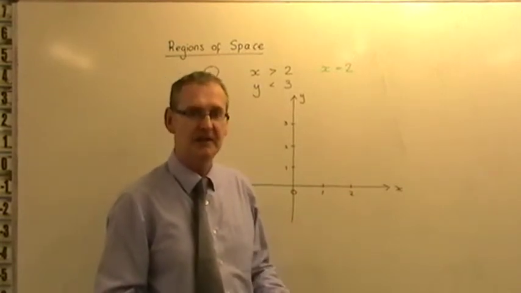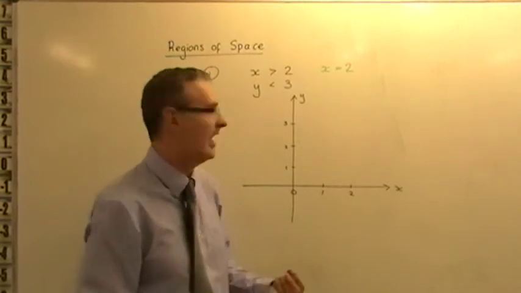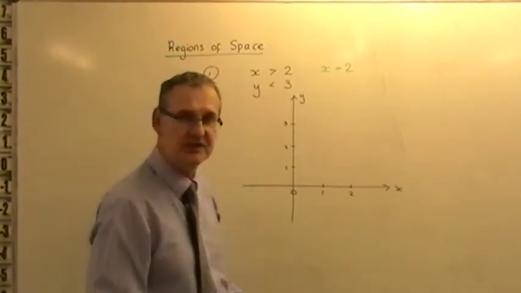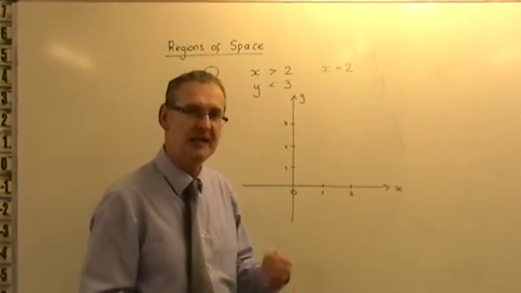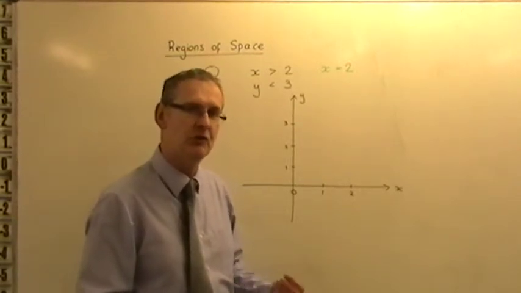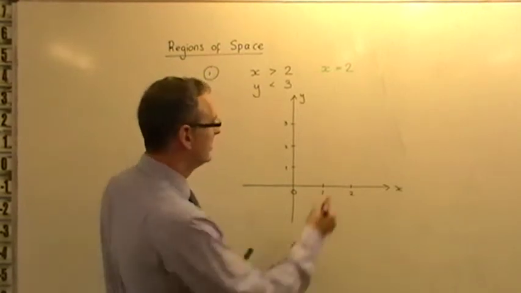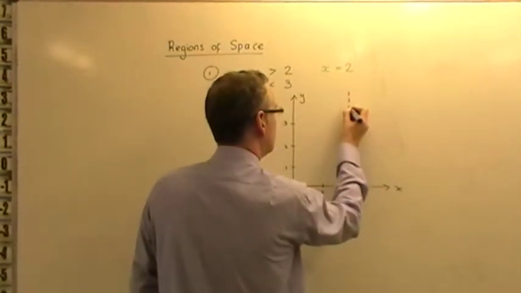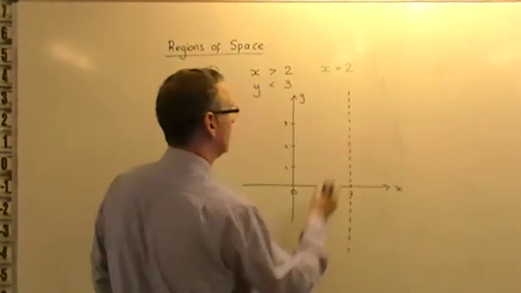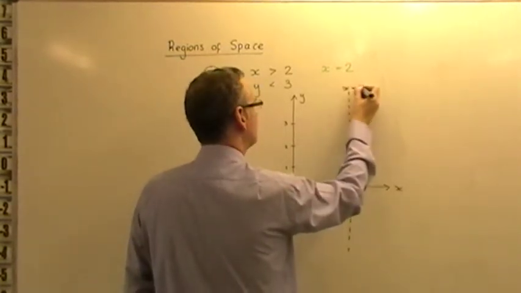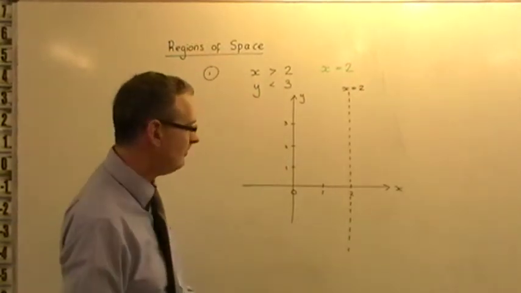If x values are greater than 2, it means that they cannot actually equal 2. So if it cannot actually equal 2, it means you must draw your line dotted. So for the moment, just bear with me. I'm going to draw a dotted line at 2 on the x-axis vertically, and I'm going to label it. That is the boundary line x equals 2.